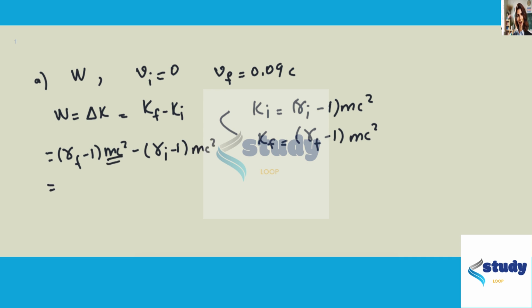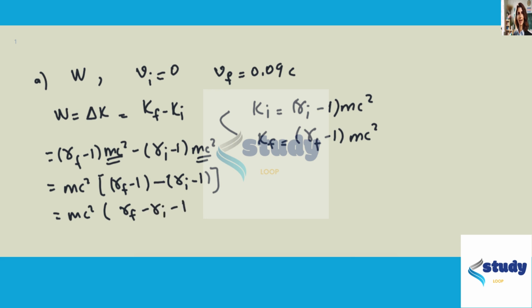So we have mc squared in both terms. So let's group the coefficients of these: final minus 1 minus initial minus 1, right? So if we do this, then we're going to get gamma final minus gamma initial minus 1 plus 1, right? These are going to cancel. So as a final expression, we have mc squared times (final gamma minus initial gamma) for the change in kinetic energy that corresponds to work.